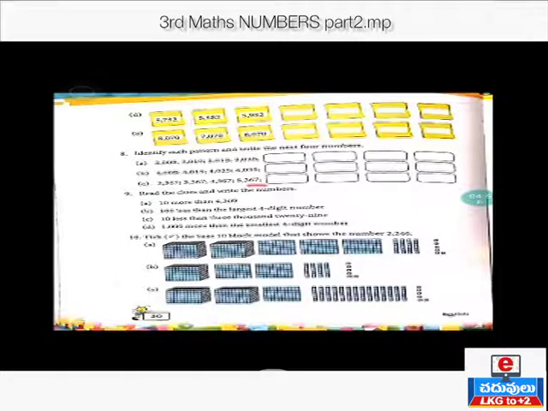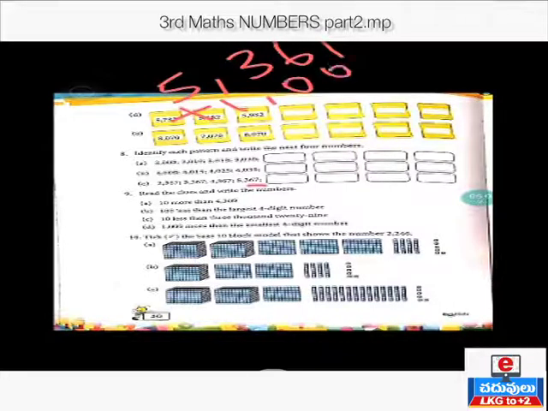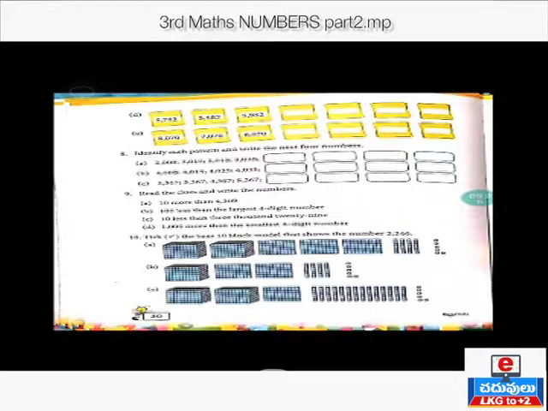Again we add 1000 to 5367. 7 plus 0, 7, 6 plus 0, 6, 3 plus 0, 3, 5 plus 1 is 6. So what is the next number? 6367.